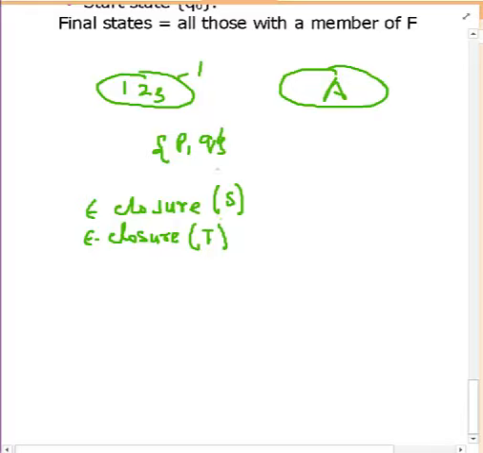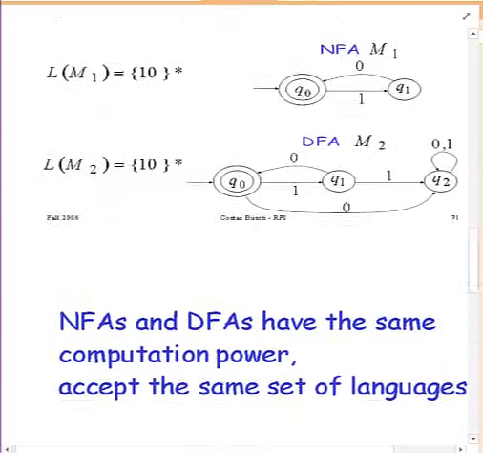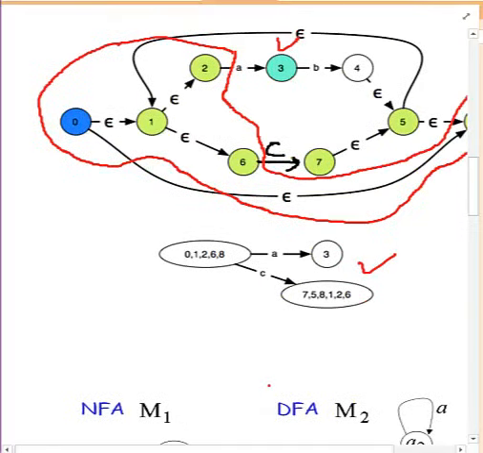So for example, we have a state 0 in the above example. If we see the epsilon closure from this state, that means all those states which can be reached from 0. Say for example you can reach 1, you can reach 2, 6, 8. Now you may have a set 0, 1, 2, 6, 8 as one set, as one state, and you see on epsilon closure where you can reach from these.